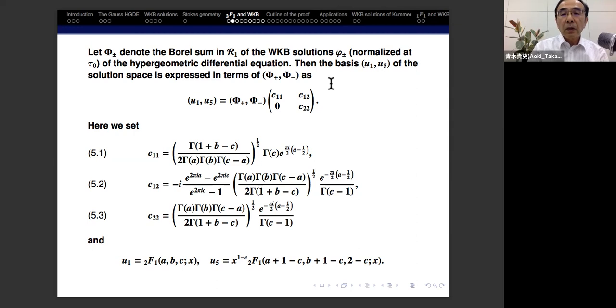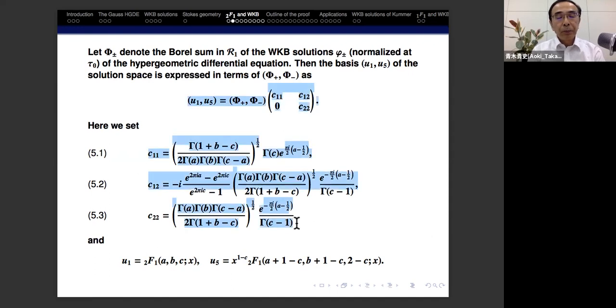Then the basis U1, U5 is expressed in terms of the Borel sum of WKB solutions in this form. Here, the coefficient C11, etc., is given in this form. Okay, this is the first case.